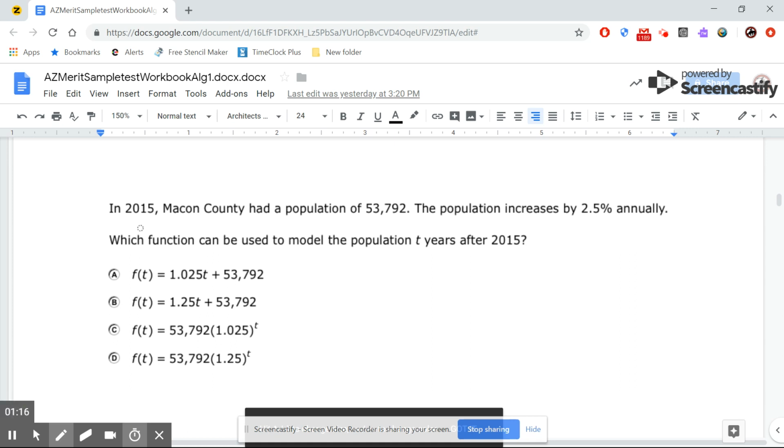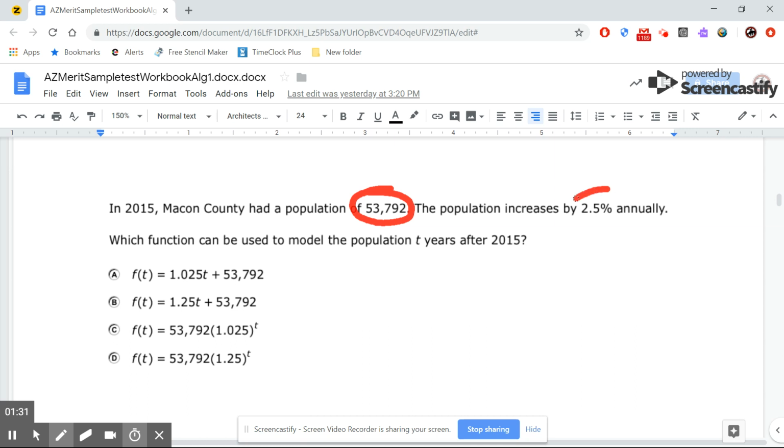As of now, I feel 2015 is not a very important detail that I really need here. But I do know that this number, the original population that it is starting with, is going to be important. The next piece is the 2.5%, the rate that the population is growing or increasing. That means it's a growth question and not a decay question.